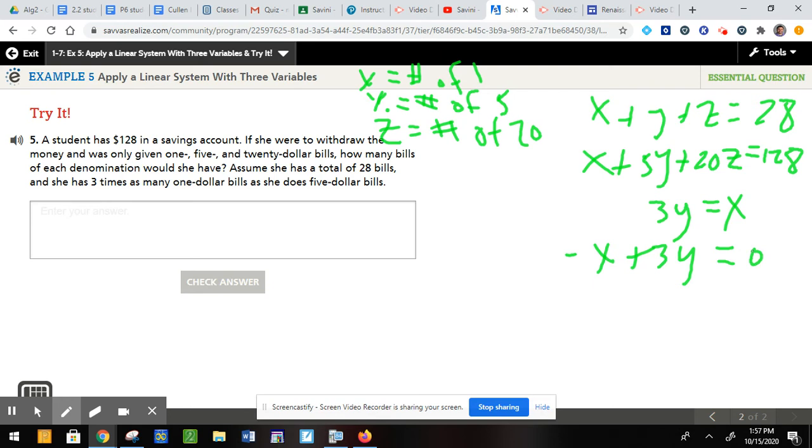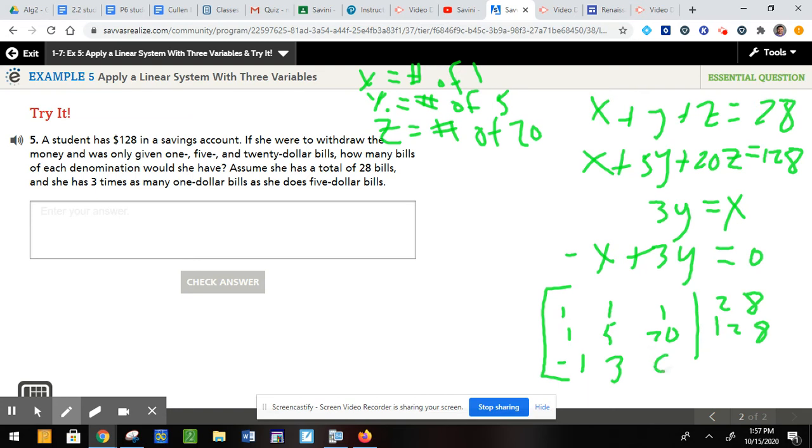When I go ahead and put that in the calculator for the matrix, well, let's write out the matrix. And then we can type the matrix in. So the first equation just goes 1, 1, 1, and then 28. Second equation goes 1, 5, 20, 128. The third equation is -1, 3.